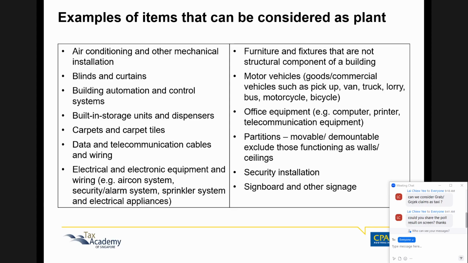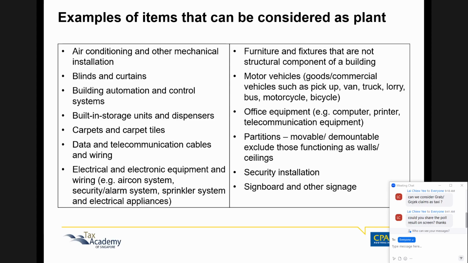Blinds and curtains, automation and control systems, built-in storage units and dispensers, carpets and carpet tiles, data and telecom cables and wiring.